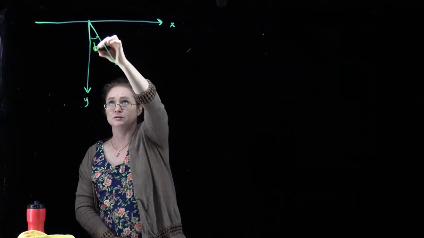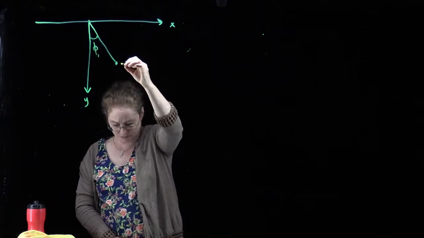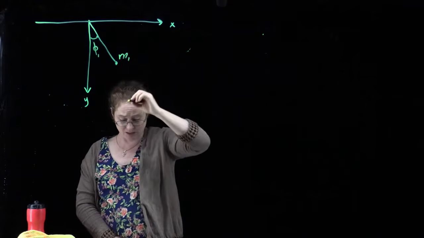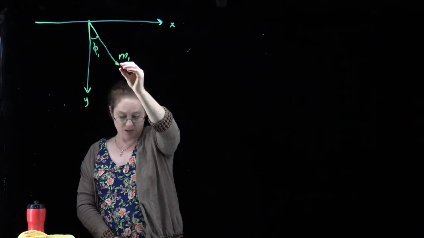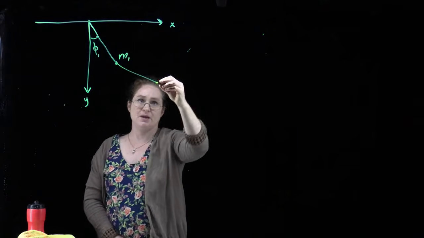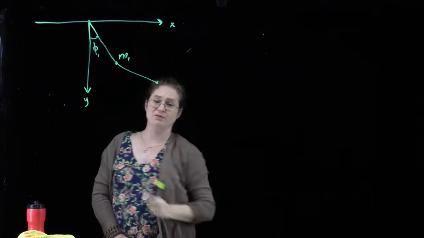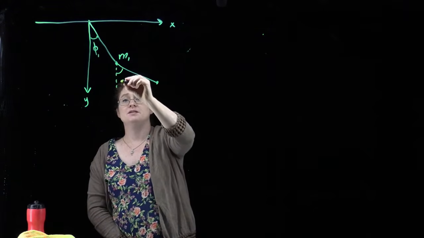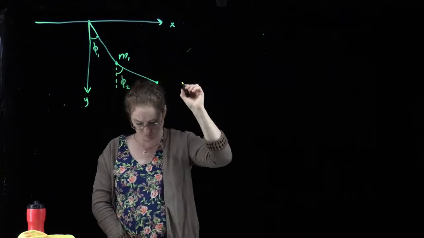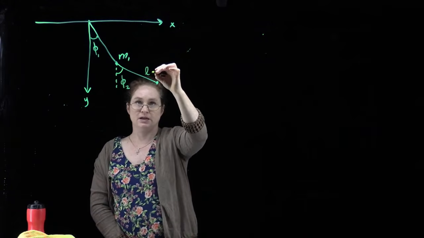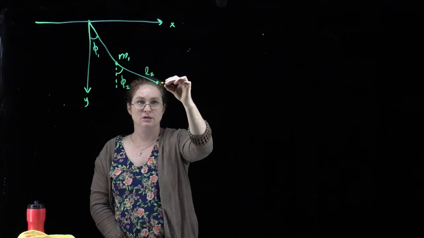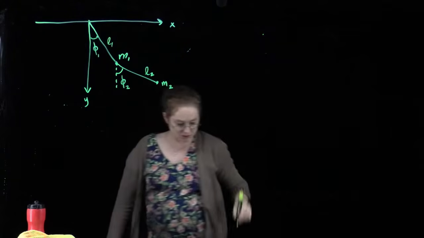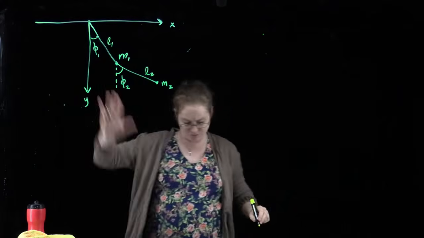This has an angle phi 1, and a mass M1. And then there is a second mass, which is connected on a pivot point to the first one. This has an angle phi 2, and length L2, and mass M2. Oh, and this is L1. So now I've written everything for it.